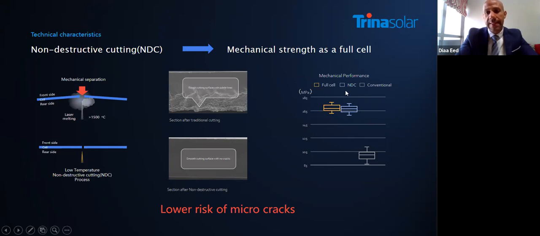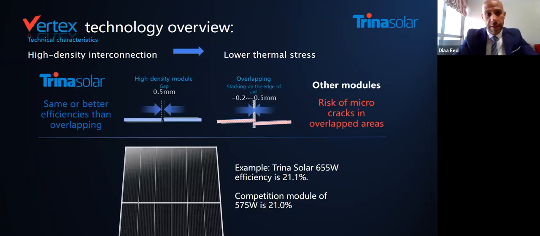We can see that the cut cell, not the full cell, comes approximately to the same level as the full cell. Which means that the cutting didn't affect the mechanical strength, which gives the benefit at the end that you have a very low risk of micro cracks.